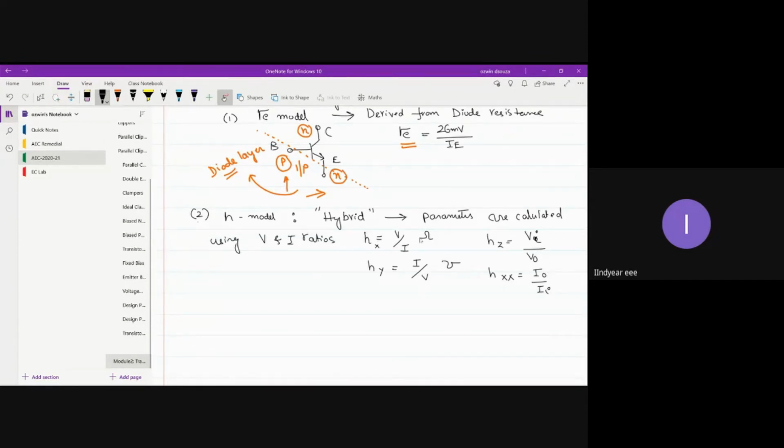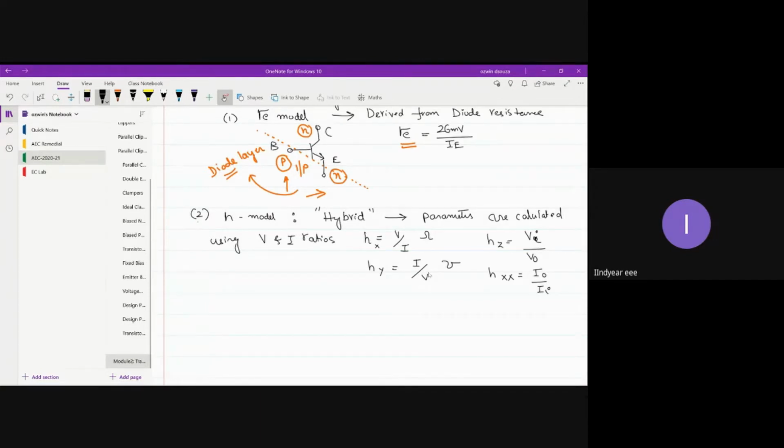Again, this becomes a dimensionless quantity. So basically in your H model, you observe different types of parameters. Some may have units, some may not. Some are derived by taking the voltage to current ratio, some by taking the current to voltage ratio.